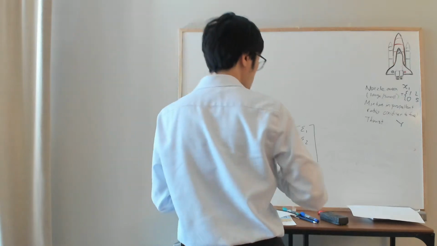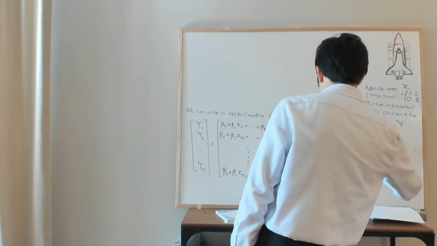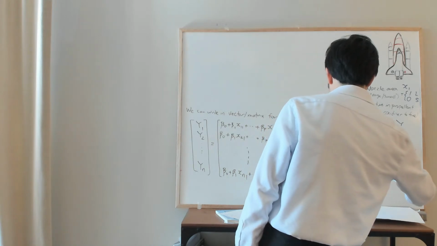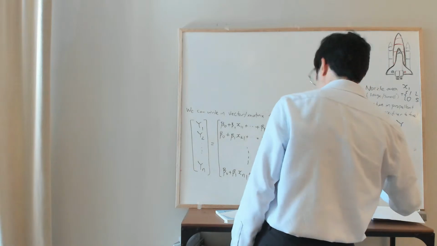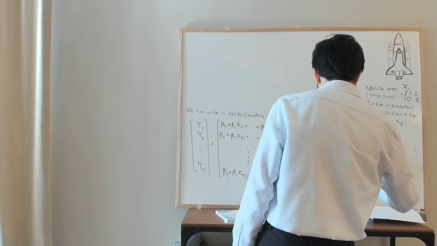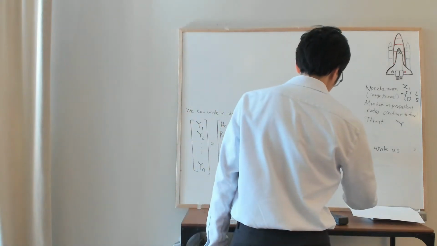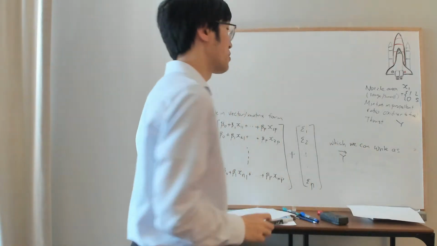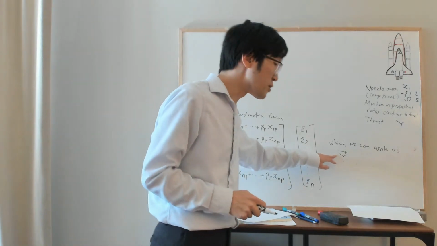Okay, so let me give you the final expression. Notationally, when I'm talking about a vector, I'll put the arrow, so you can visually see it's a vector.